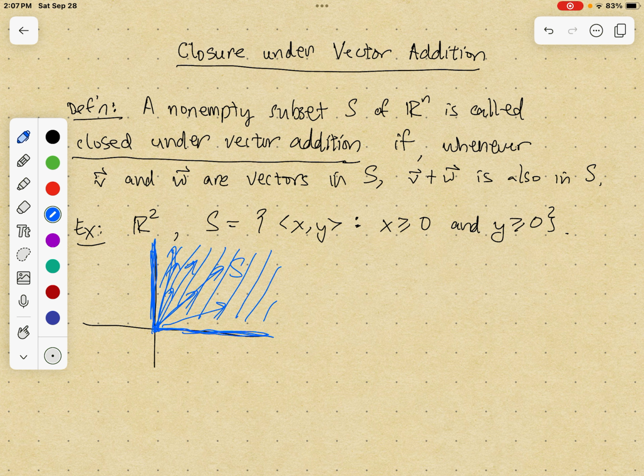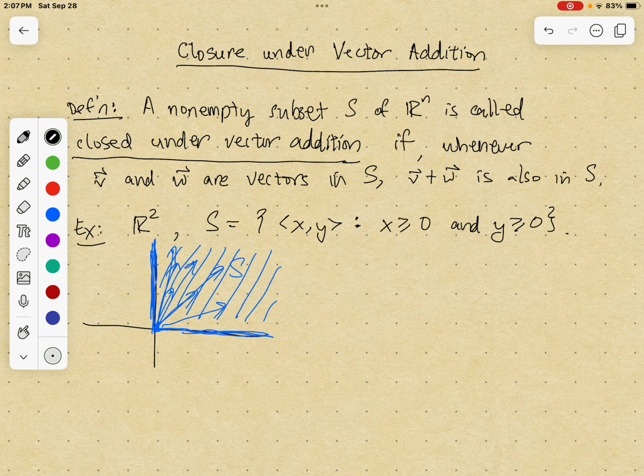Now, is S closed under vector addition? Well, remember, when we're asking these questions, we want to translate it using the definition to a question that we understand. So when it's asking, is S closed under vector addition, it's saying, is it true that whenever you take two vectors in S and add them, the result is in S?